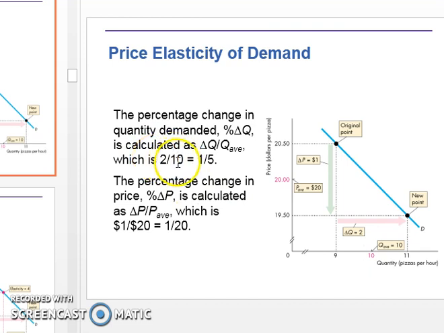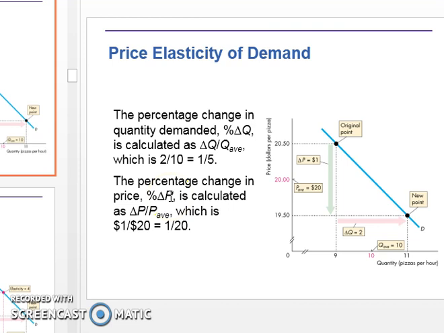The average is 9 plus 11, which is 20, divided by 2, which is 10. Now it becomes 1 upon 5 when we divide 2 by 10.